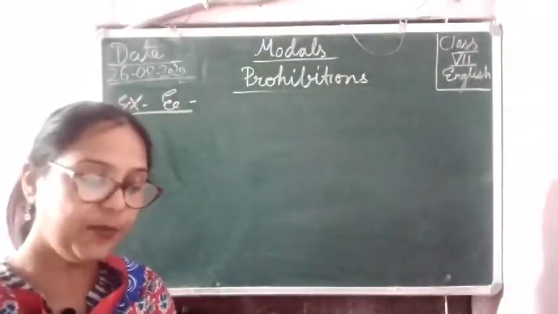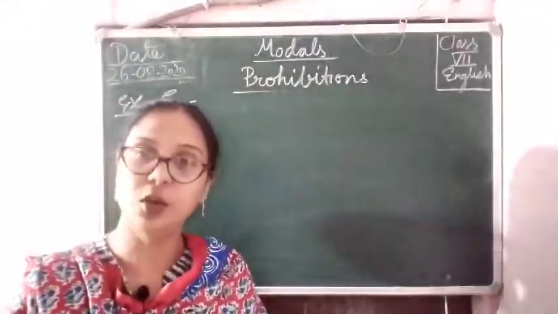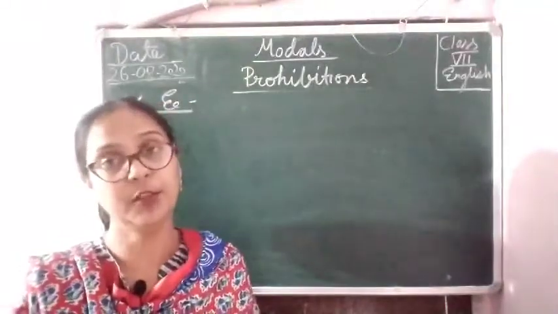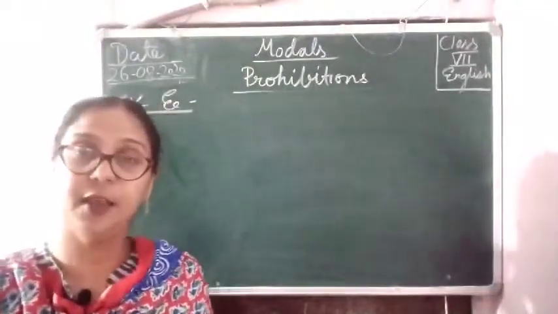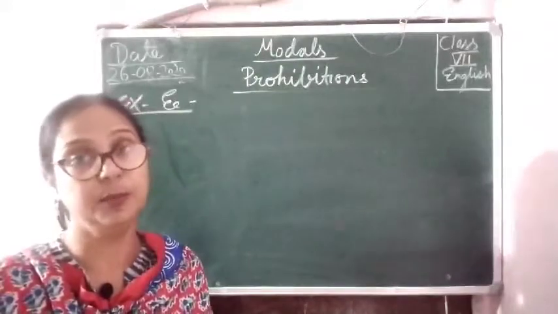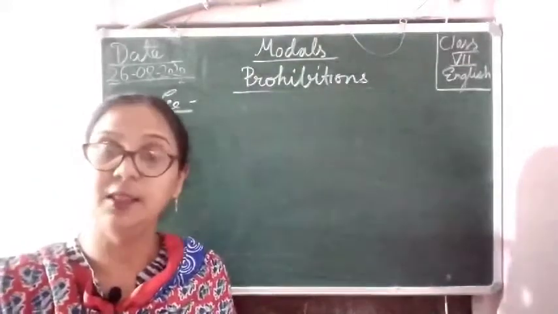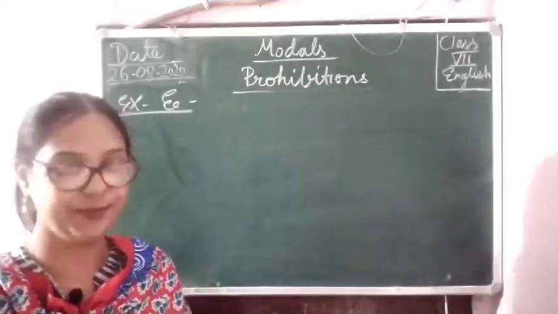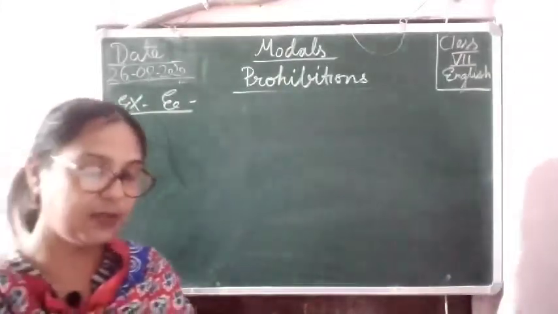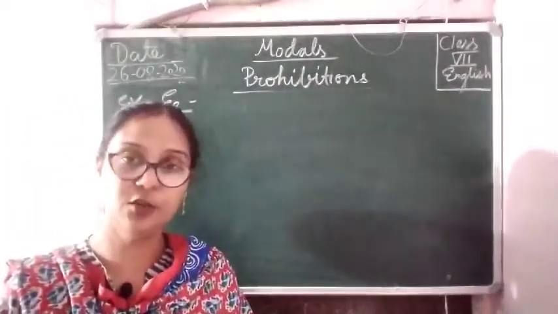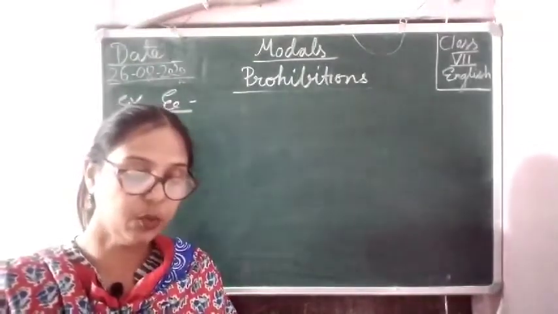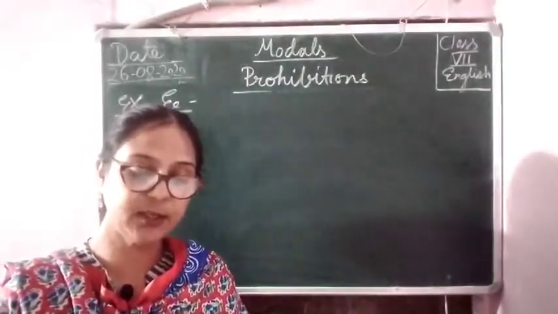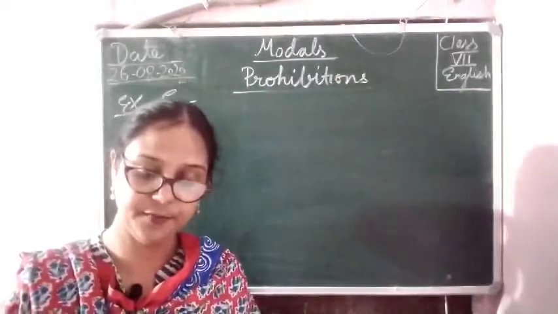Fill in the blanks with must not or ought not to. Both prohibition we have to use. Where there is a rule we have to use must not, and where there is a duty you just write down ought not to. So fill in the blanks with must not or ought not to. First, you dash tell lies to your elders.